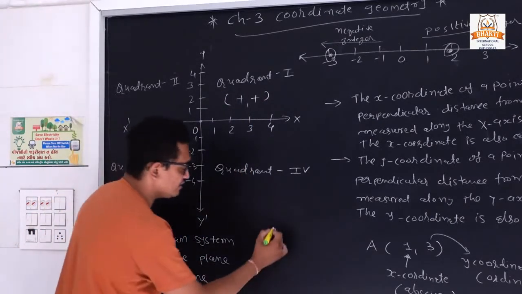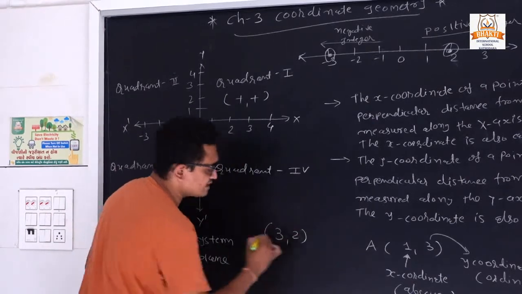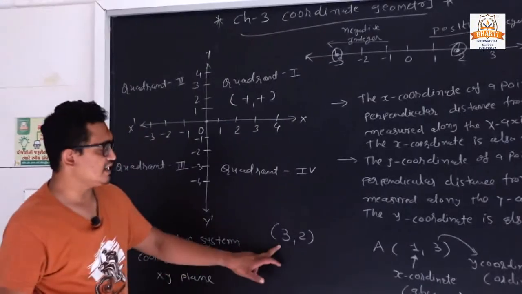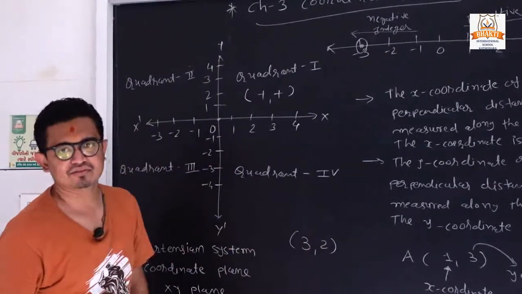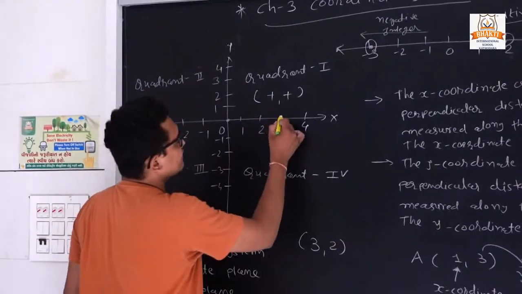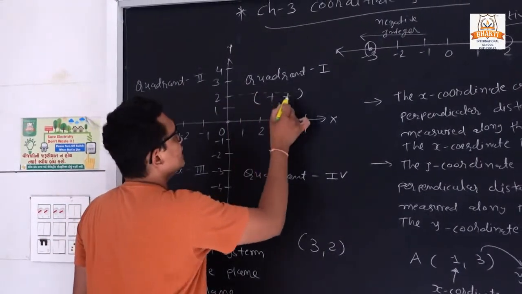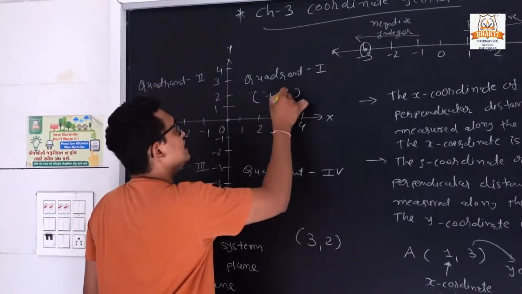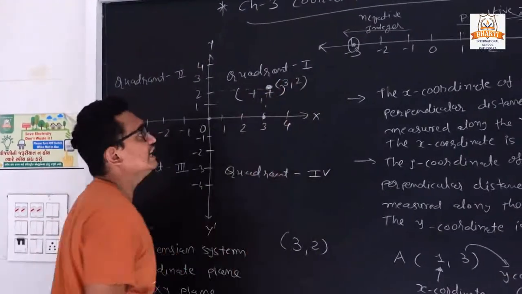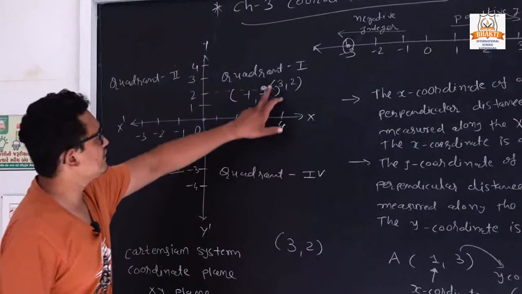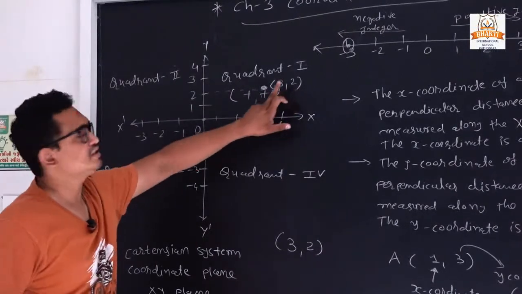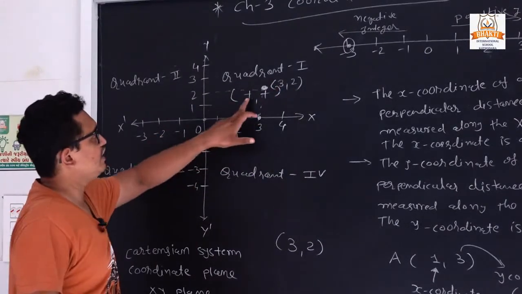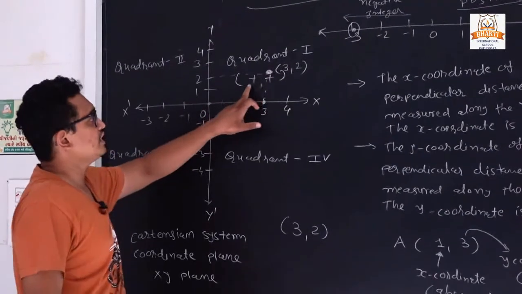Suppose we take an example: locate 3, 2 on this graph. Where is 3? Here we have 3. And where is 2? Here we have 2. Both are matching here, so we can write 3, 2. Both have positive values. So in the first quadrant, the x coordinate and y coordinate both have a positive value.